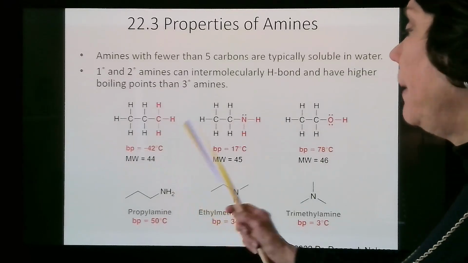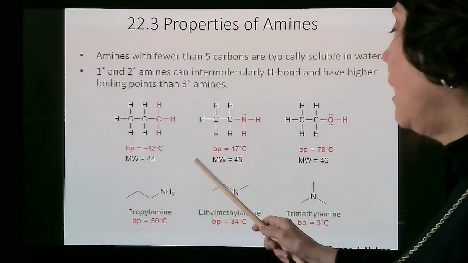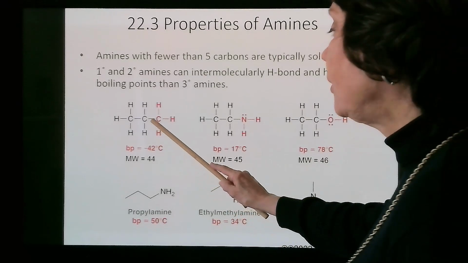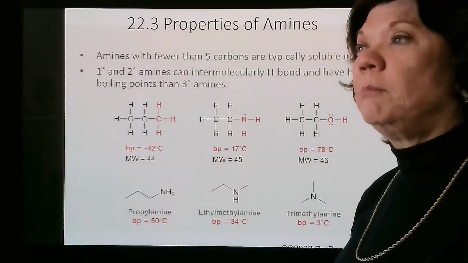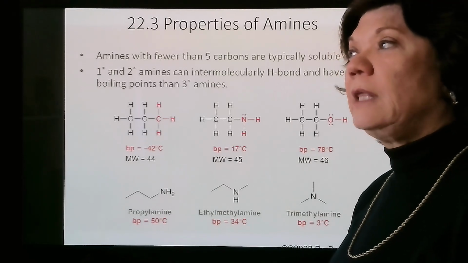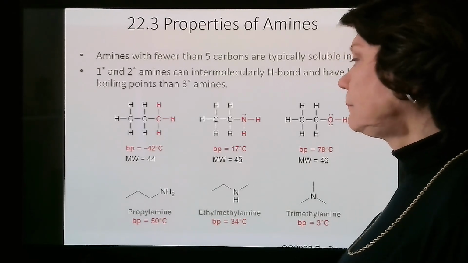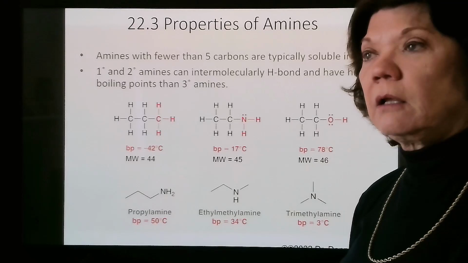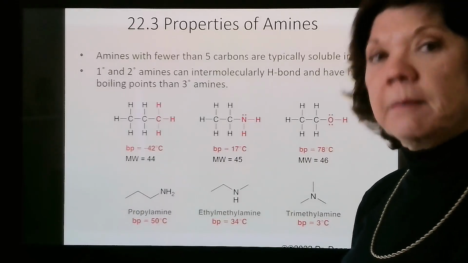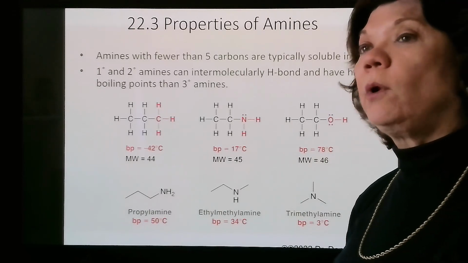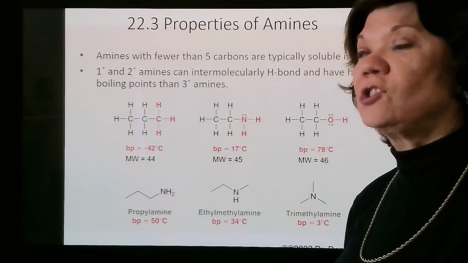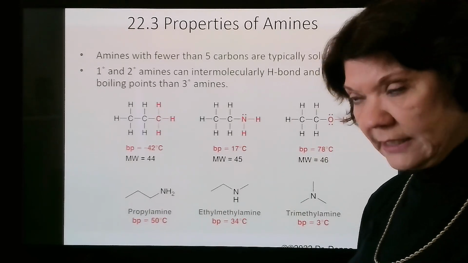For comparison, 3 molecules are chosen here that have similar molecular weights. Remember that the boiling points of molecules are impacted by their molecular weights in such a way that the boiling point increases as the molecular weight increases.